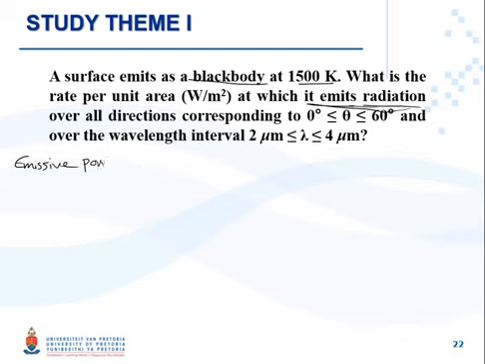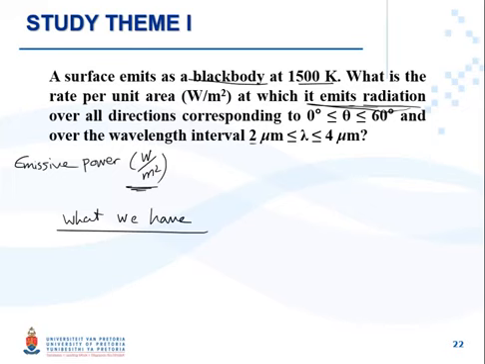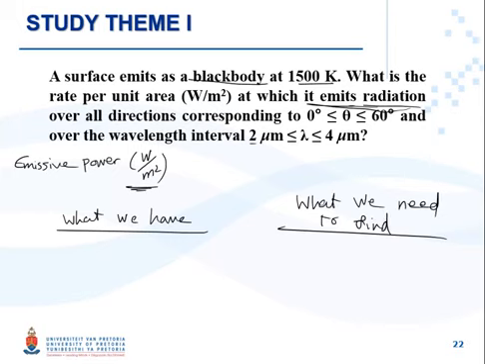Okay, one of the fluxes of our interest, watt per square meter, over all directions corresponding to theta between 0 to 60 degrees and over the wavelength interval between 2 and 4 micrometer. Okay, so let's again quickly assess what we have and what we need to find. This will help us to have a better understanding when we are going to solve.